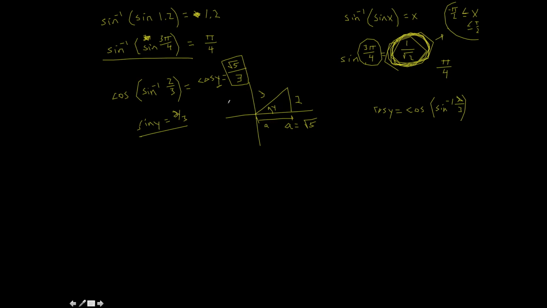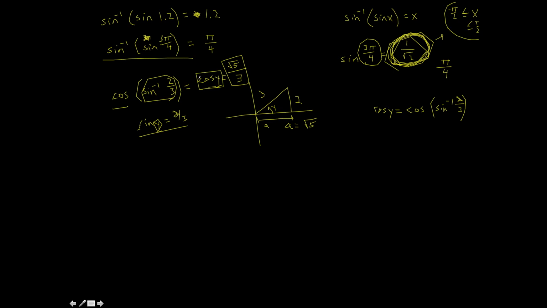But we're not actually trying to find y. We're trying to find an answer. So we use this in here to find cosine of y. We're not really concerned about this answer here. We used this answer to set up our reference triangle so that we could find this cosine answer here, because that's all we were concerned about.